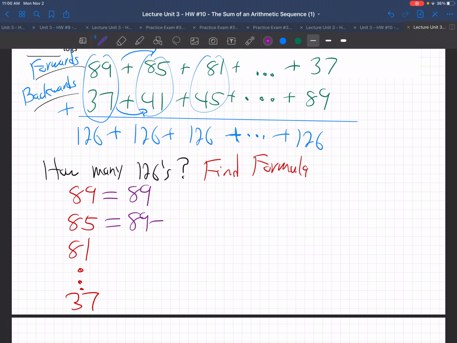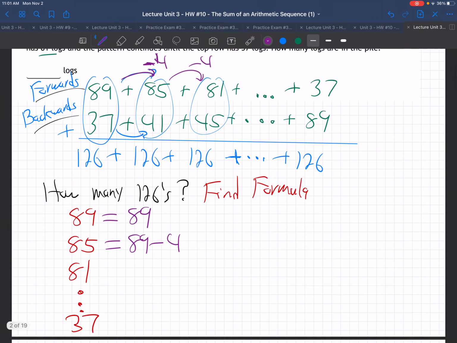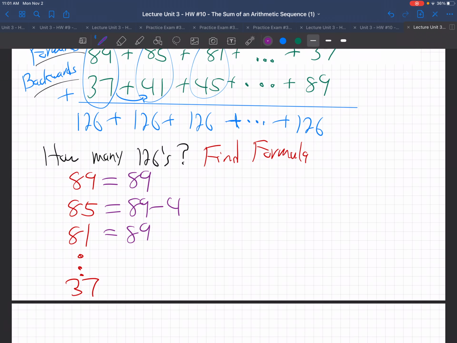This is 89 subtract 4. See how we're going down by 4? Then we subtract 4 again, and so on. So the 81, we start with 89 and we subtract 4 twice. So remember you need the term number, and over here you need the pattern, the path, like how we got there.